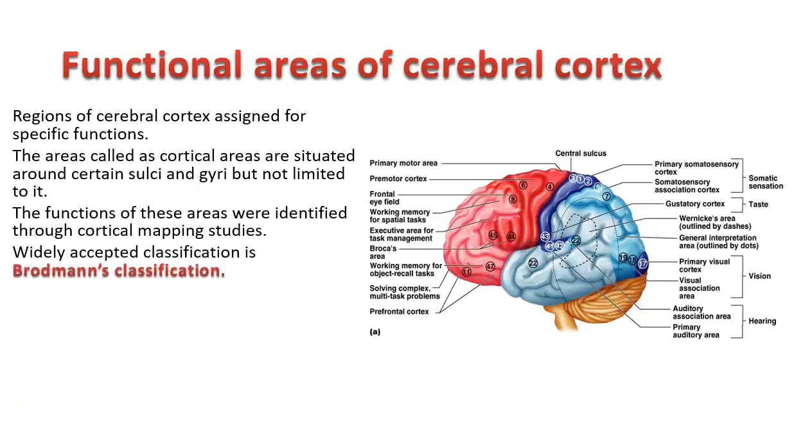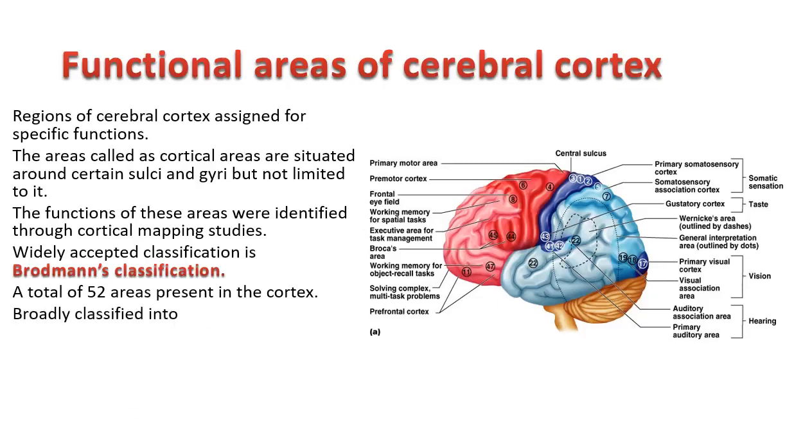The widely accepted one is Brodmann's classification, who gave various numbers to the various parts of the cortex and the functions performed by them. As I told you, a total of 52 areas were identified in Brodmann's classification.